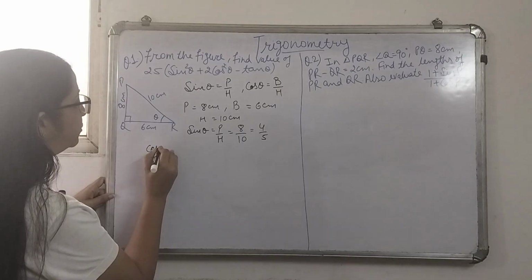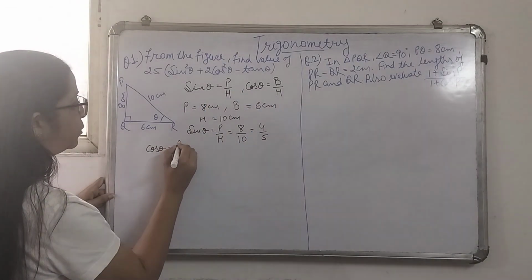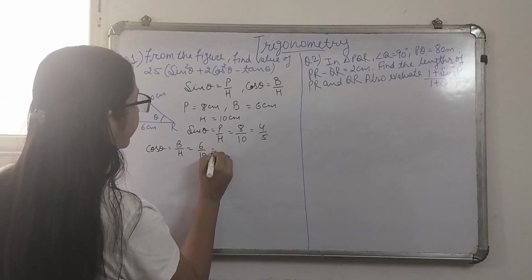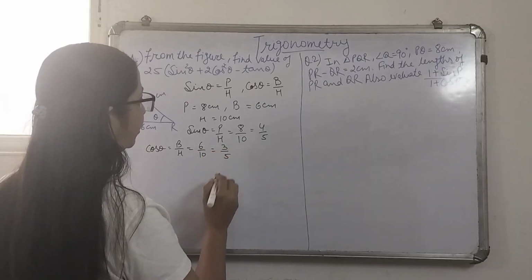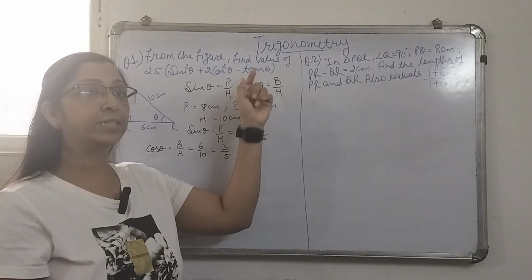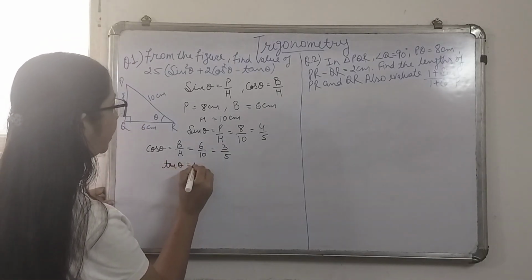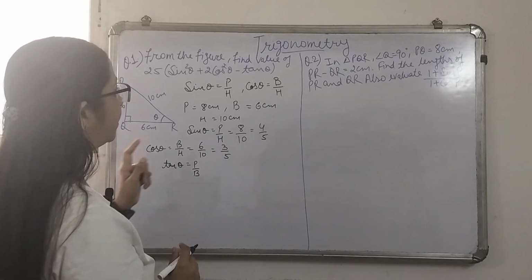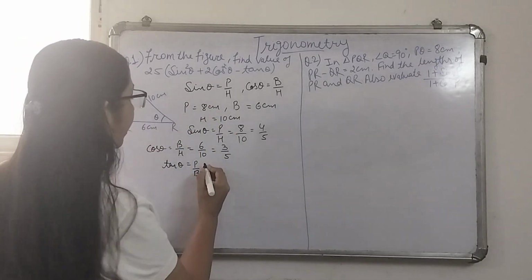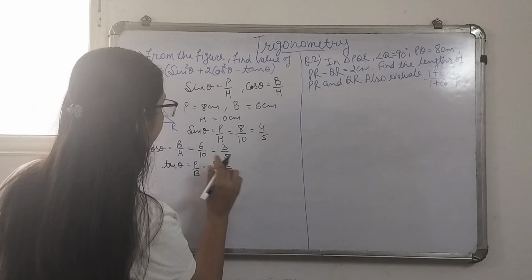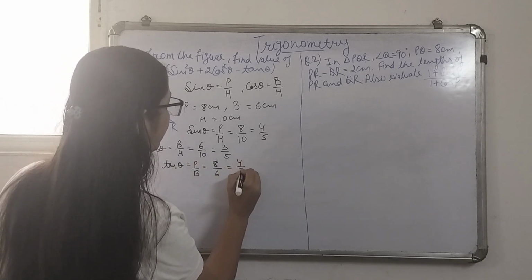Similarly, cos theta will be base upon hypotenuse, that is 6 upon 10, we can say it as 3 upon 5. Similarly, we know that the value of tan theta is the ratio of perpendicular to base. Perpendicular over here is 8 and base is 6. So the ratio of perpendicular to base will be 4 upon 3.